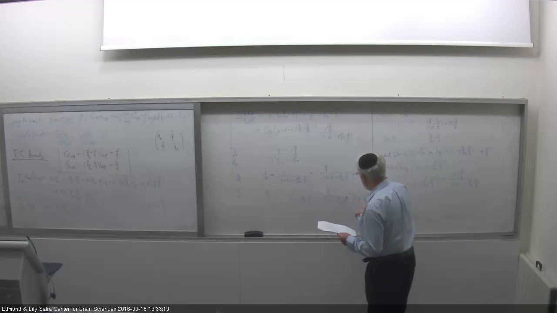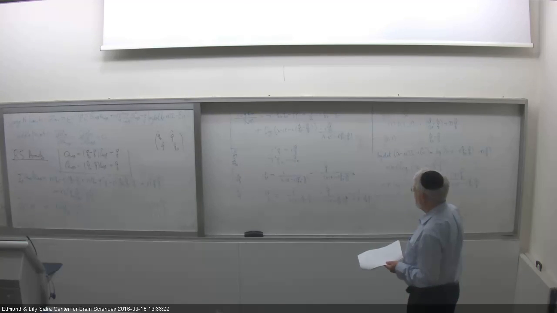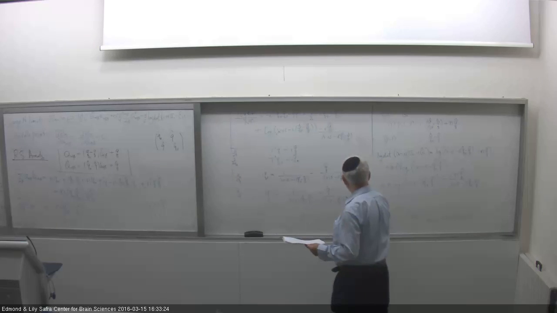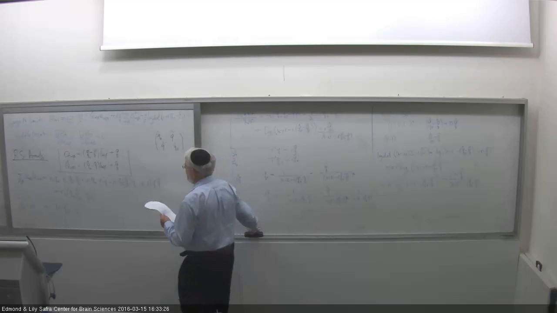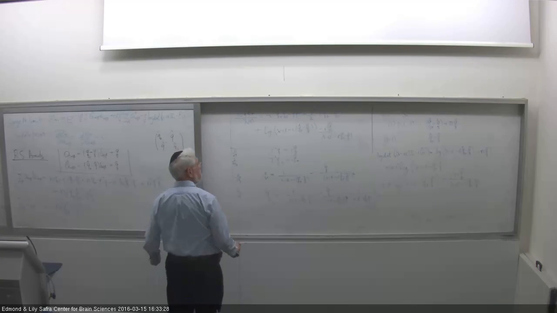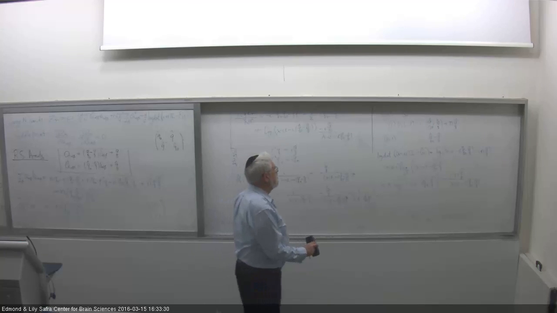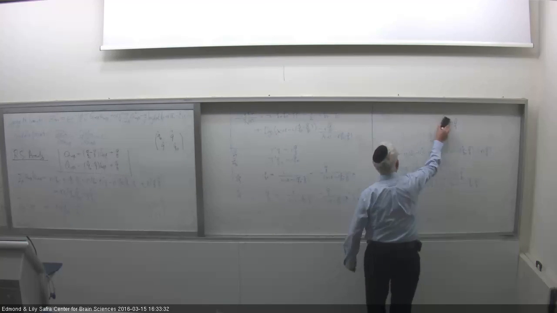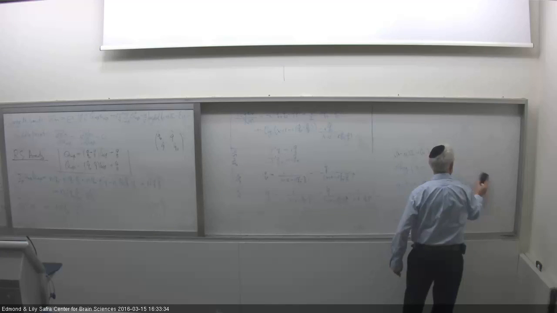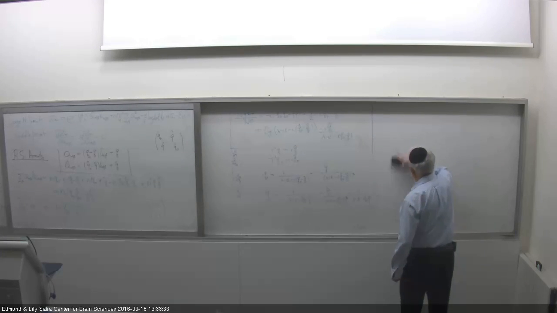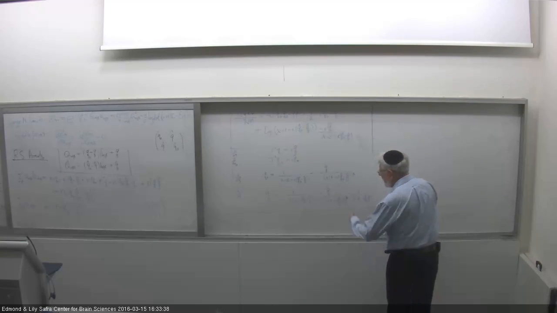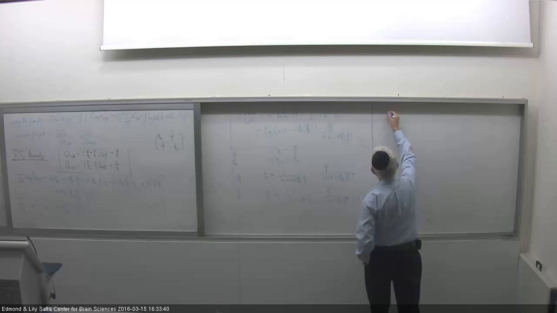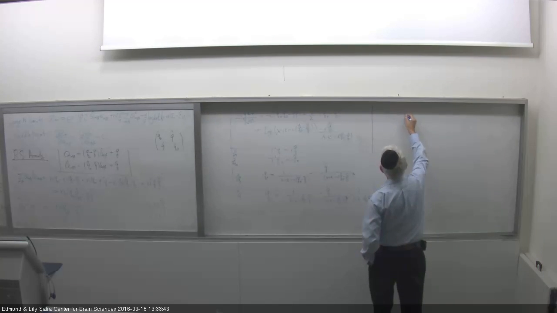Okay, nothing particularly illuminating, but what is nice about these equations is that there's a very simple solution, namely all the off-diagonal elements are 0. So if you look at the solution, the only solution is Q0 equal to Q equal to 0.